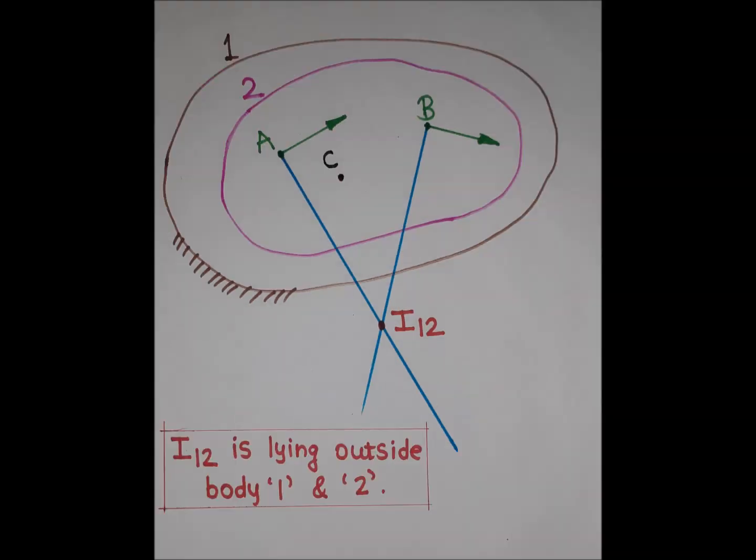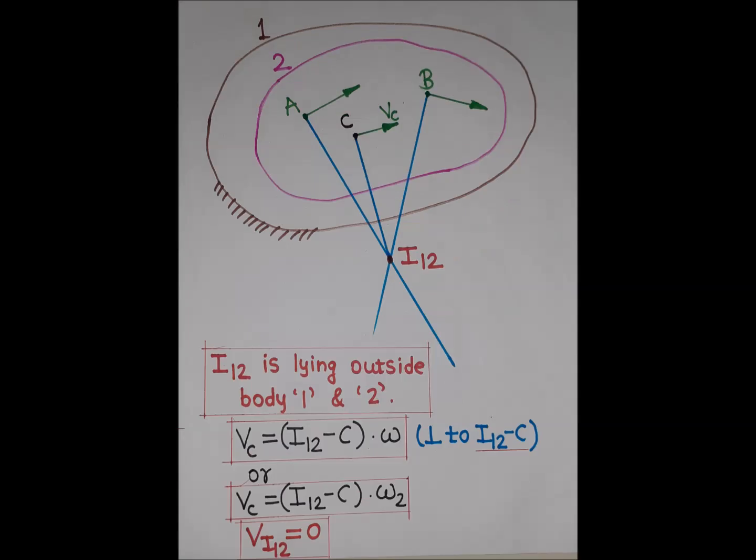Consider point C on planar body 2. Velocity at point C will be given by the relation Vc is equal to I12C into omega, and it will be in direction perpendicular to I12C as shown on the screen because the disc is rotating in clockwise direction.